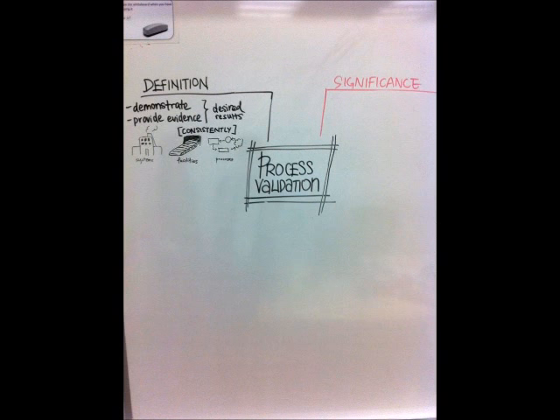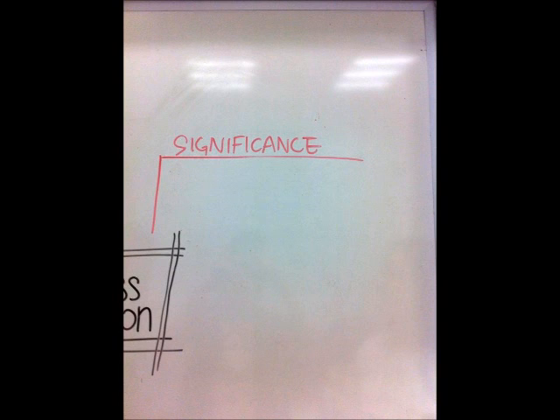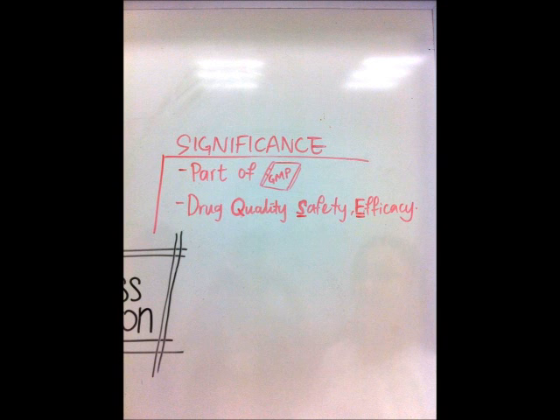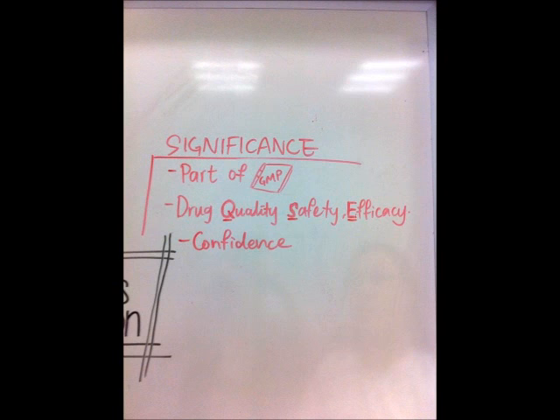Alright, let's move on. Do you mind sharing with us some of the significance behind process validation? Well, process validation itself is a part of good manufacturing practices, abbreviated as GMP. It ensures drug quality, safety, and efficacy, as well as confidence in the manufacturing process.